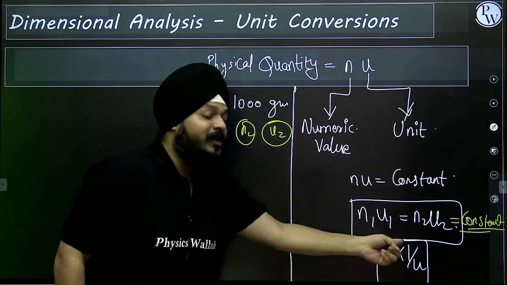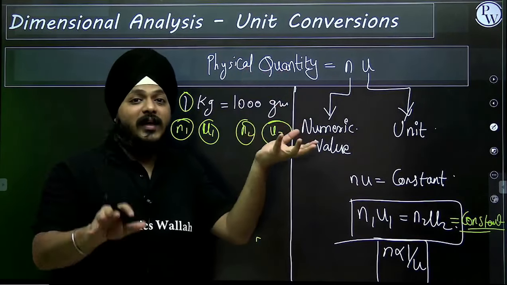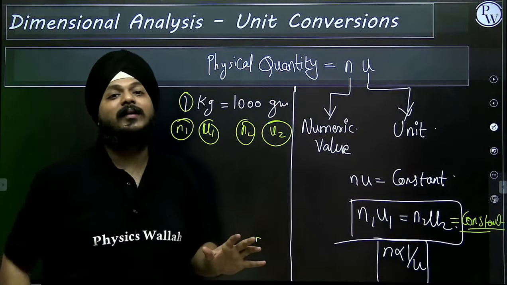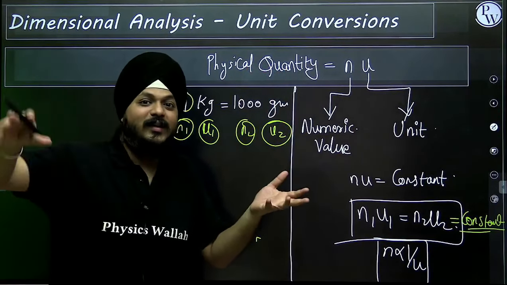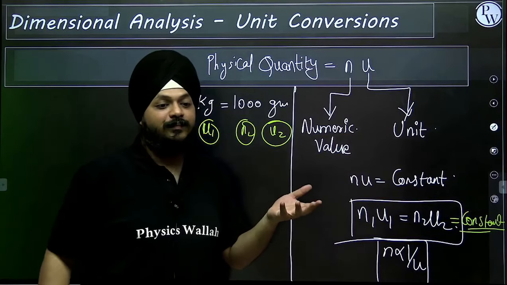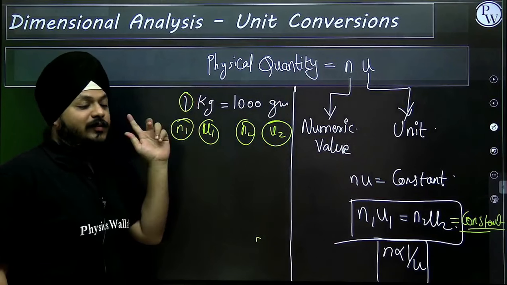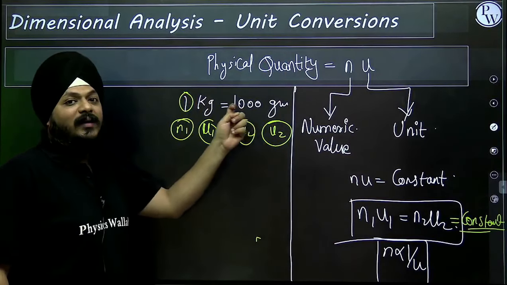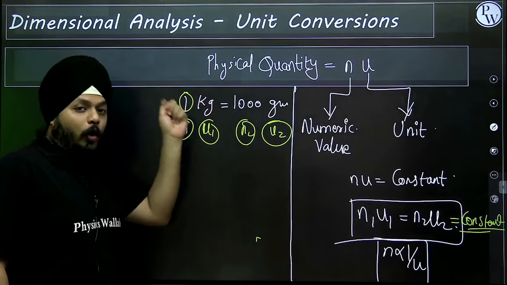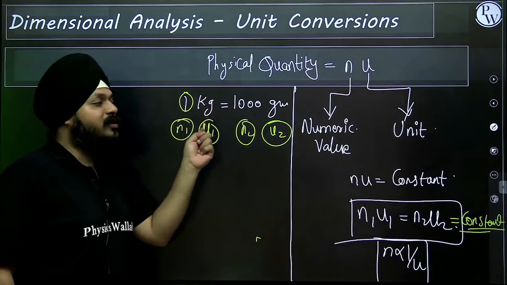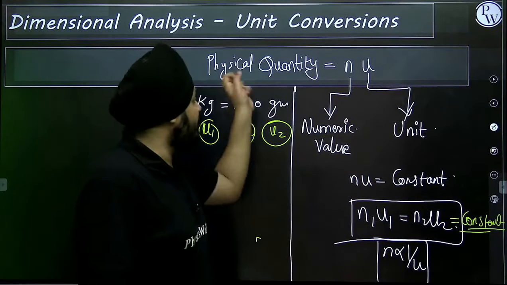Lower is the value, higher is the unit of the unit system. Higher is the value, lower is the unit of the unit system, and N is inversely proportional to U. This equation satisfies this term.